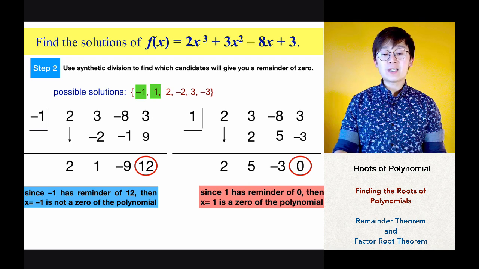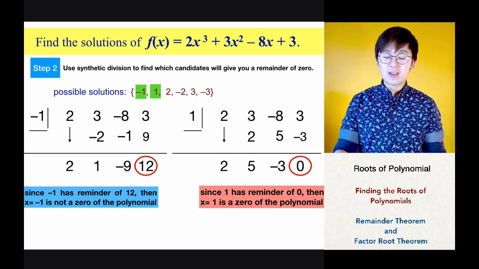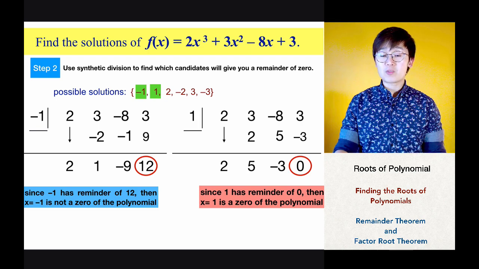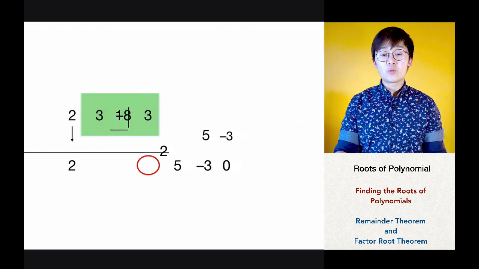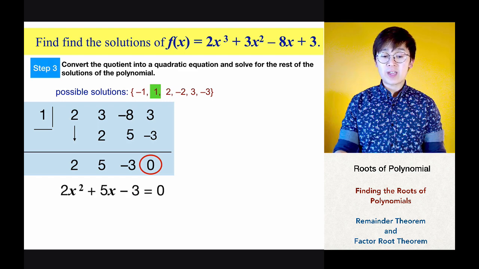Now the only thing that we need to figure out are the other 2 solutions. Using 2, 5, -3 as our coefficients, we're going to transform this into a quadratic function, giving us 2x squared plus 5x minus 3 equal to 0.